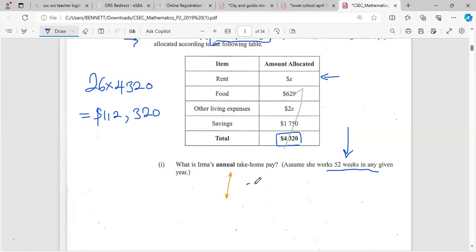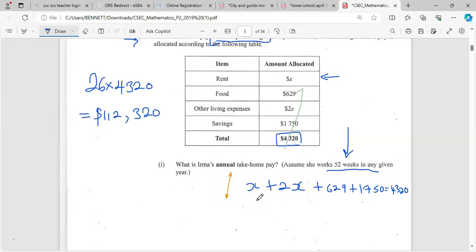So I would say X plus 2X plus 629. Tell me if this would be true. And then you add the 1,750. Now all of that gives you the 4,320 based on what they're saying.